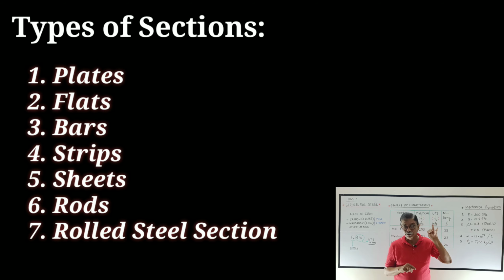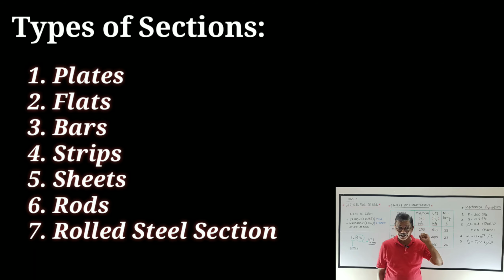Then bars, as far as bars are concerned, bar may be round or square in cross section. Then strips. Now what is strips? Flats and strips. Only difference is thickness of the strips is less. It is less than 5 mm or something like that.